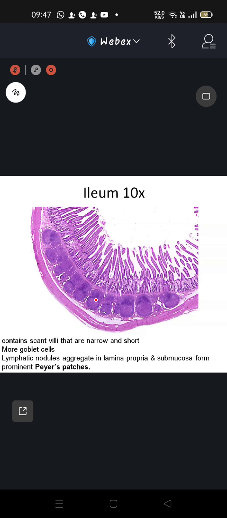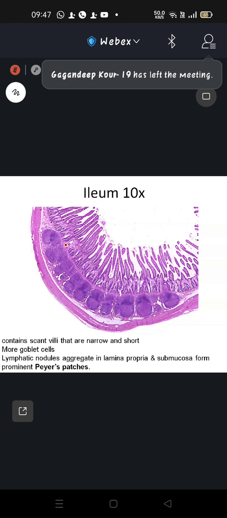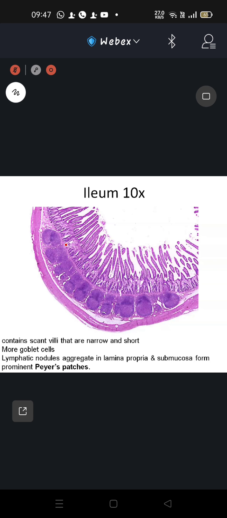They form these characteristic Peyer's patches of the ileum. You can see this nodular aggregation of lymphocytes, a linear aggregation throughout the submucosa, even extending into the lamina propria. They are the Peyer's patches.